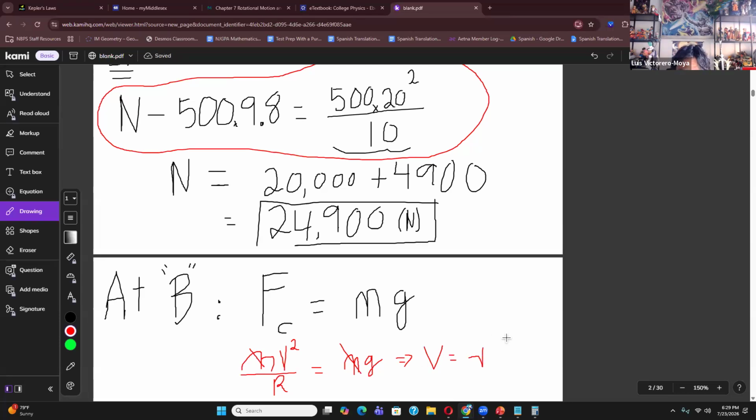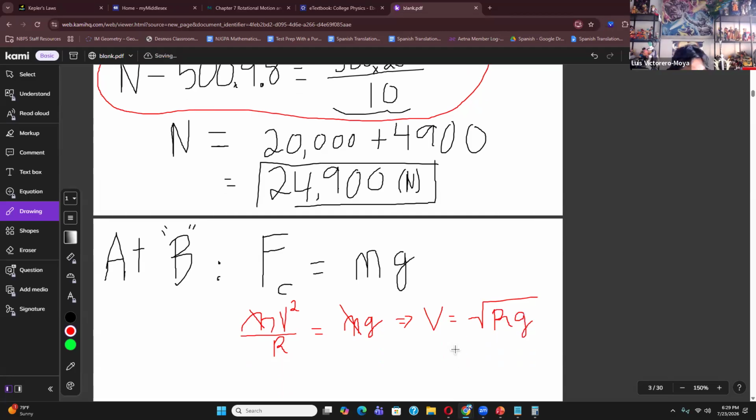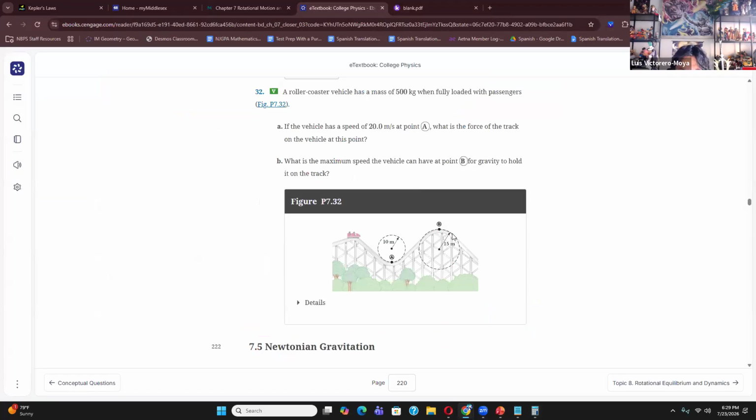So square root of RG. It should be more than 12, about 12 point something, because the radius is 15, not 10.